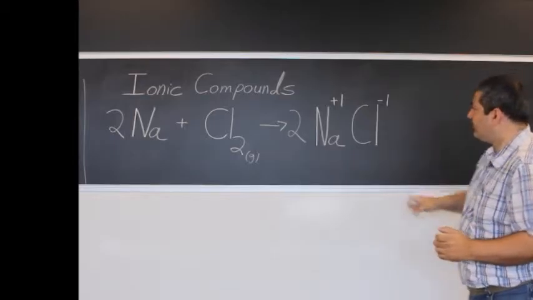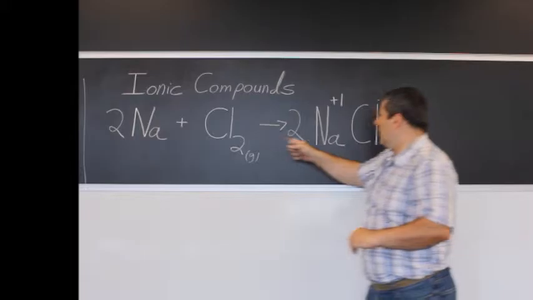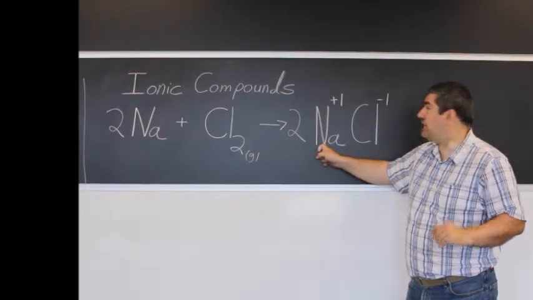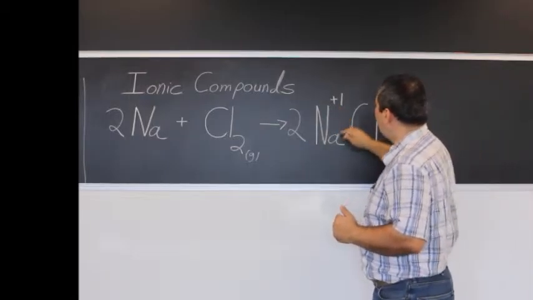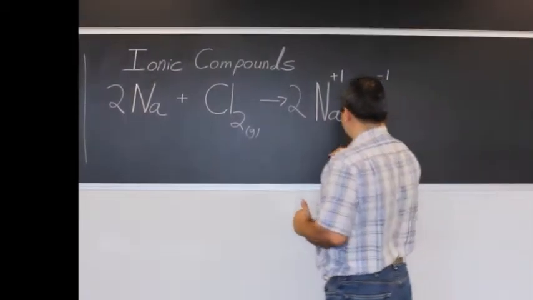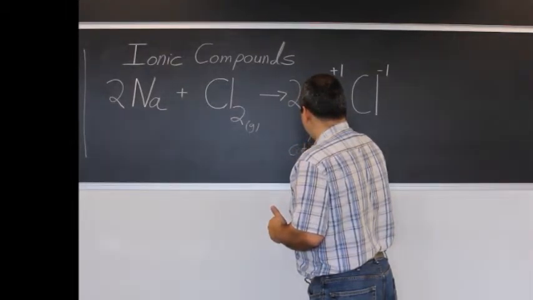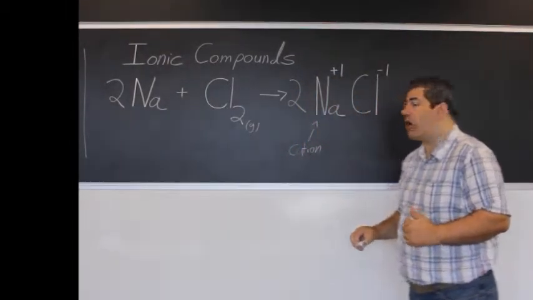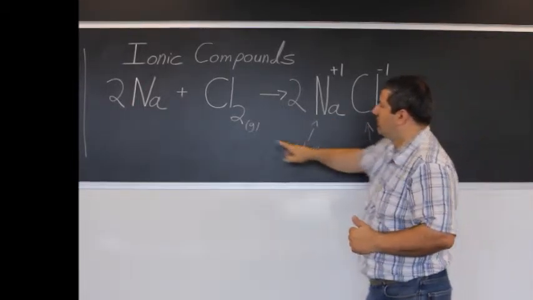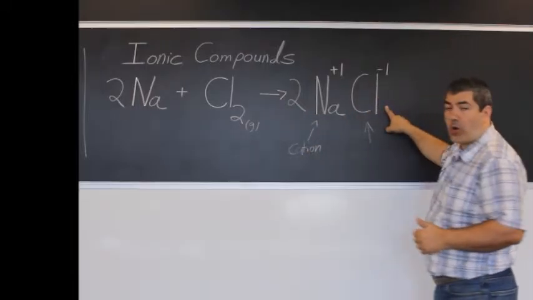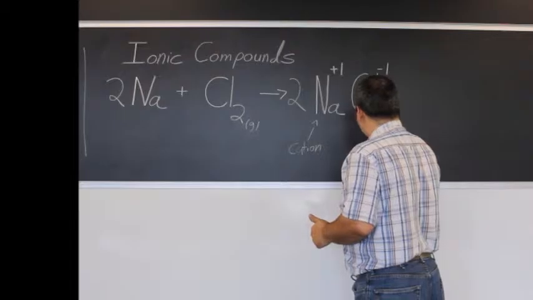What we're going to see is that metals, sodium, typically form cations. They lose electrons and form positively charged species. So this would be a +1 cation. Ion means charged, cation means positive, and chlorine forms chloride, which is a negative ion, or an anion.